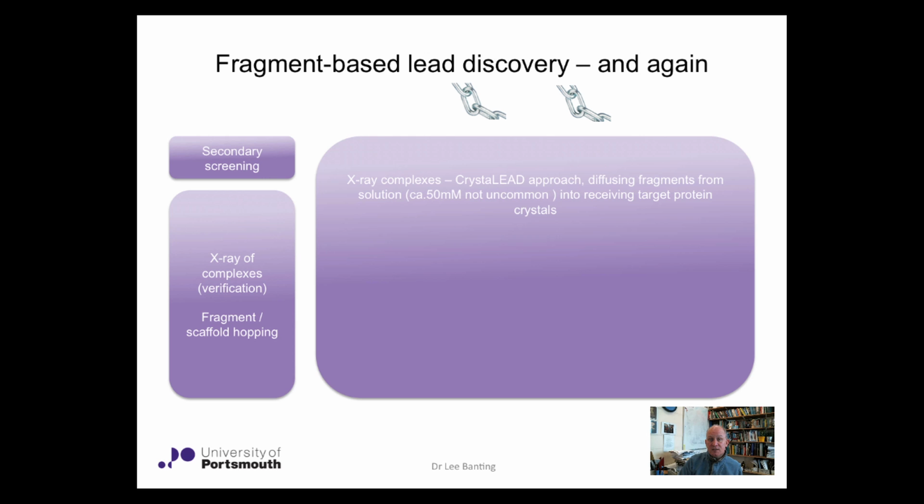rederive the solid state from solution as crystals of the complex and look at its X-ray diffraction patterns to locate the drug and where it's binding. Or we can also diffuse fragments into a pre-existing protein crystal, which is a more rapid process, not always successful, but has some success and speeds the process up.